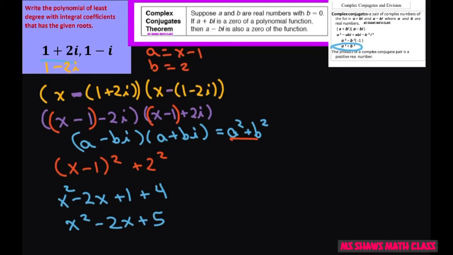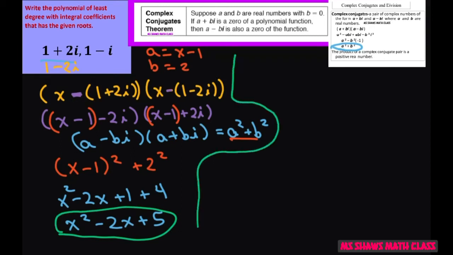Now that I have this one, I'm going to do the second set, and that one's going to be x minus, and again we have 1 minus i, 1 plus i. So it's going to be x minus 1 minus i times x minus 1 plus i.